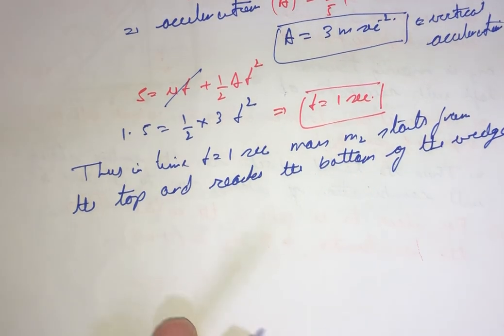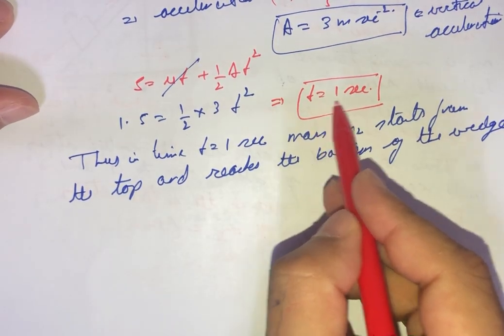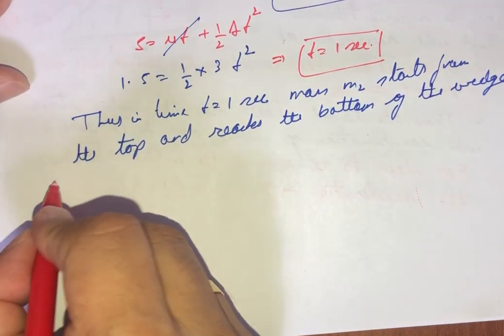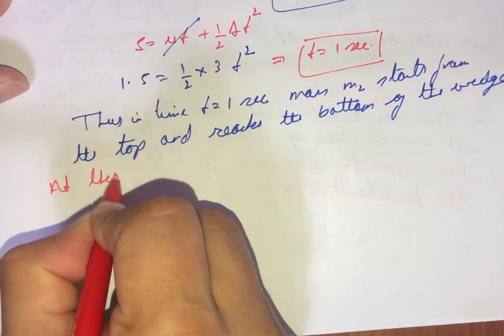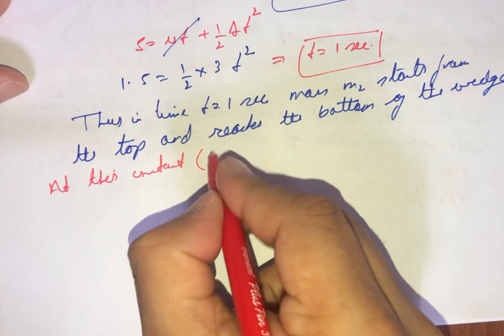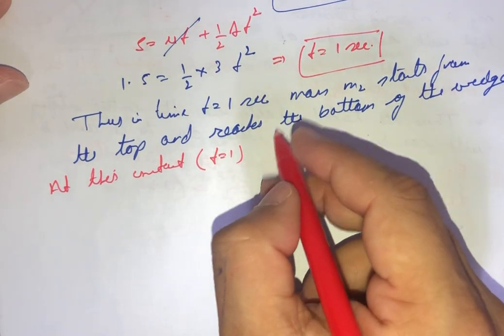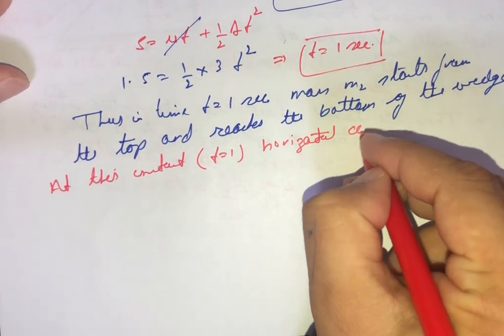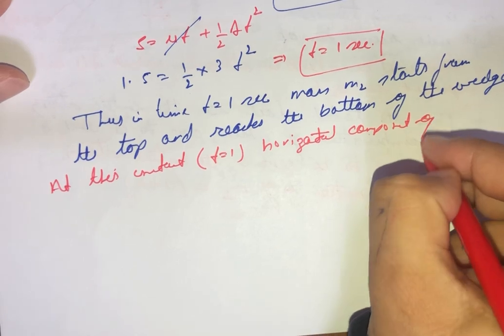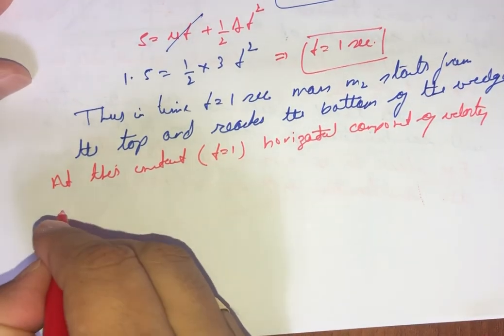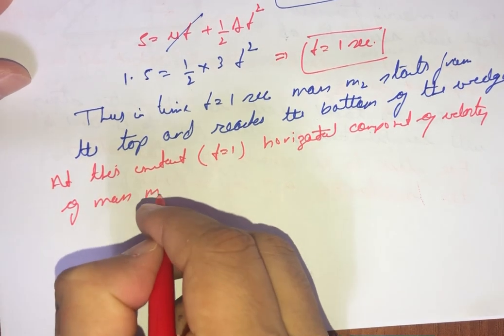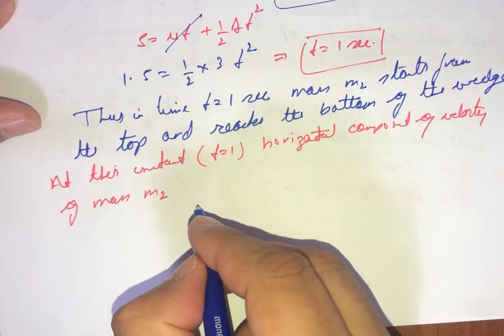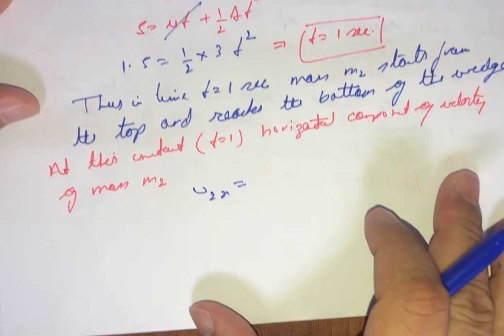In the next part, we are going to find out the horizontal component of velocity of M2 at the instant t is equal to 1 second. Let us represent it by v2x.